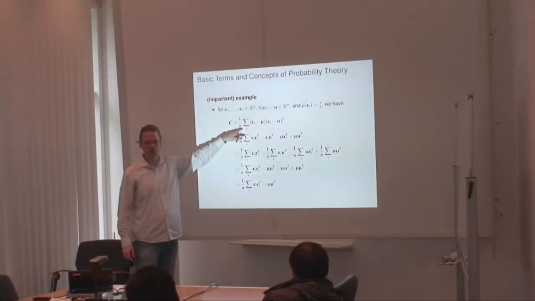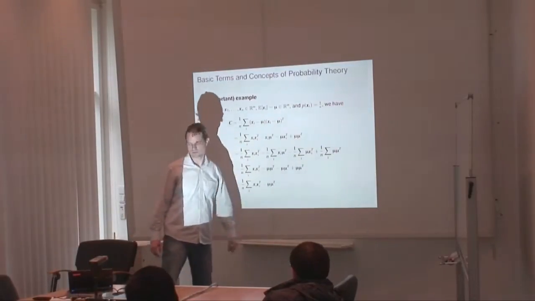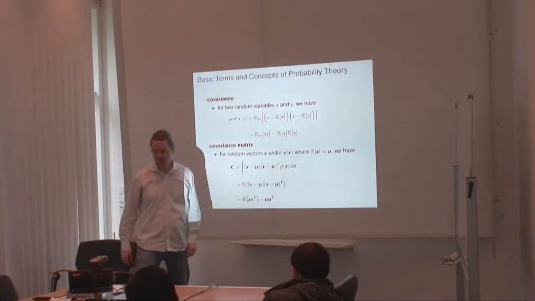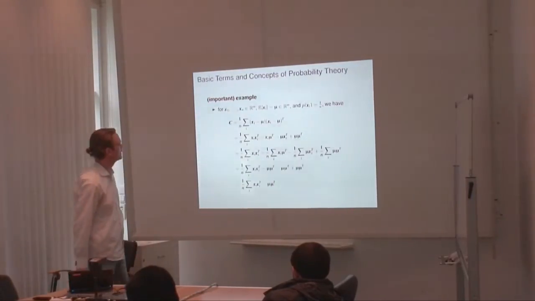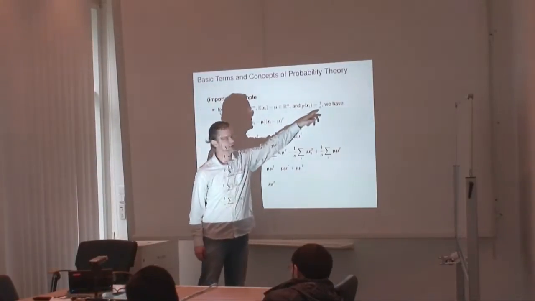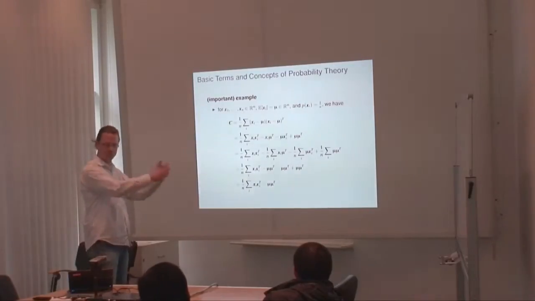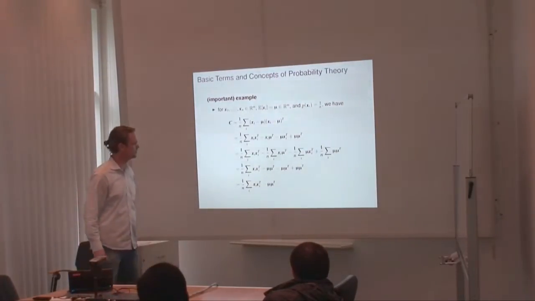So integration becomes summation. The p of x dx goes away because we're talking about sums here, but the p of x is the same for every term in this sum, so we can pull it out. That's what I did here. We can happily compute all of this.